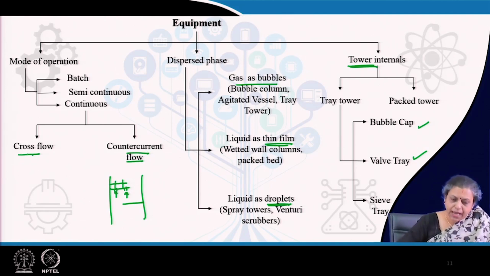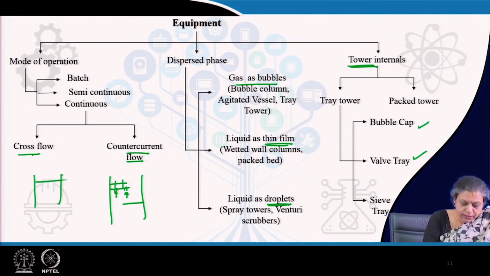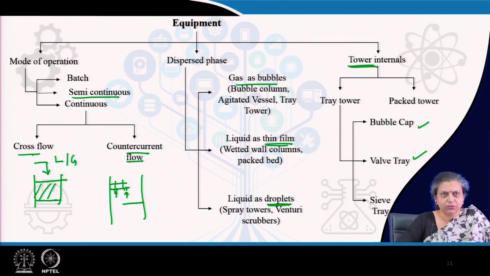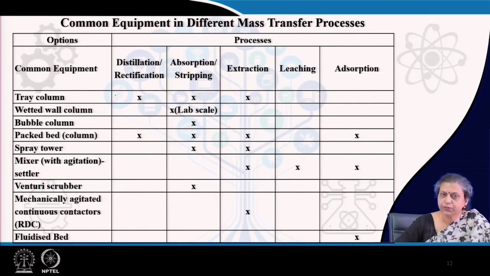When we are having one phase as the solid phase, often it happens that the solid is kept as a bed within the tower and either the gas phase or the liquid phase is made to flow through this, under which condition we say that the process is semi-continuous. So, when we opt for which process, they have already been discussed in the introductory lecture. So, I will not be going through this.